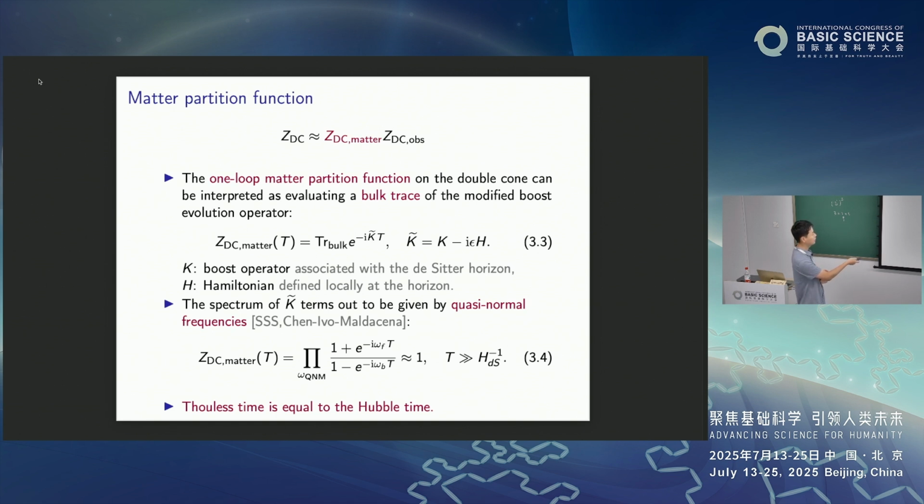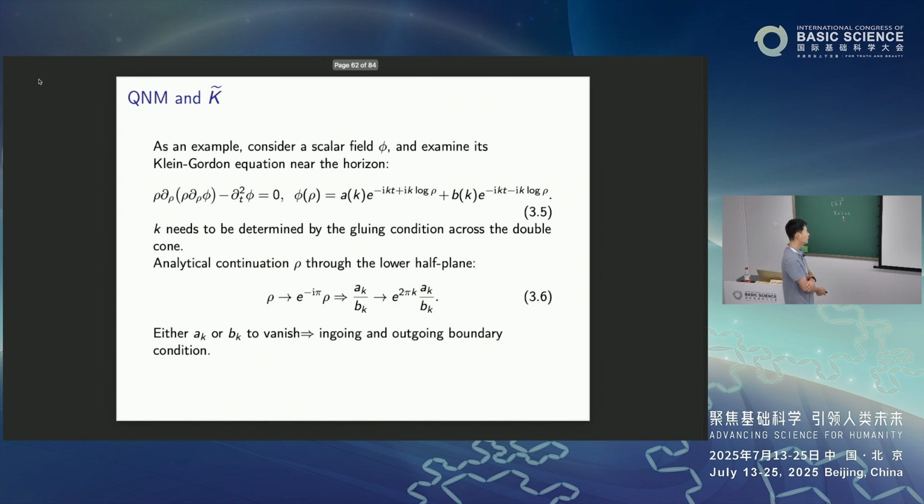And in particular, this H as a global Hamiltonian, as a Minkowski Hamiltonian, is positive definite. That tells you that k tilde should have a negative imaginary part. So using that property, you can rule out the outgoing boundary condition, and that gives you that the spectrum of k is given by the quasi-normal frequency.